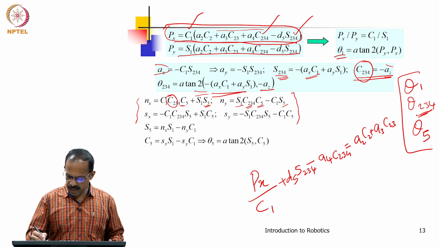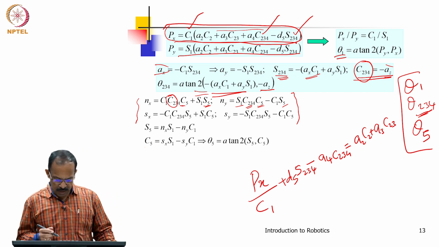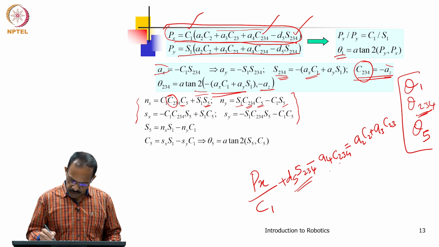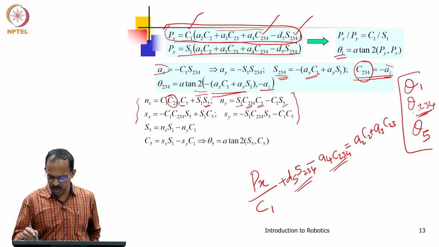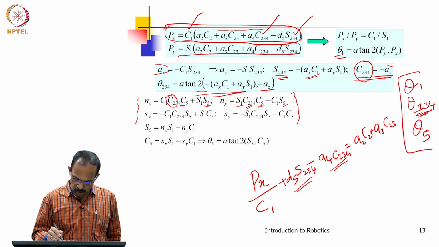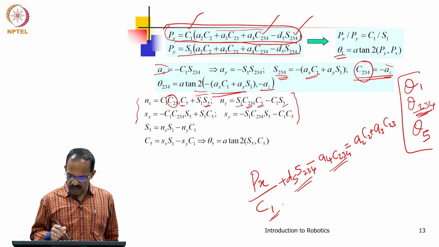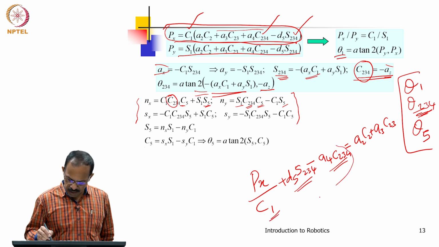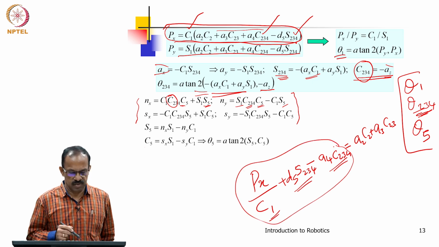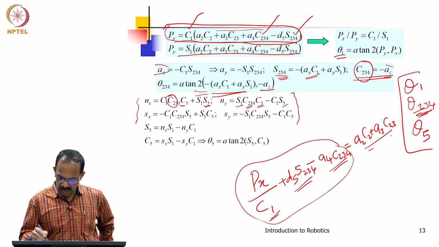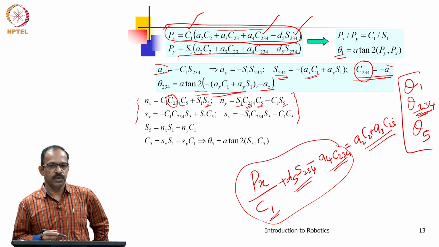So, we will be able to write it like this, and we know this term and this term, because theta 2 3 4 is known, and C 1 is also known, theta 1 is also known. So, this is a constant now, and what we do not know is A 2 C 2 plus A 3 C 2 3.